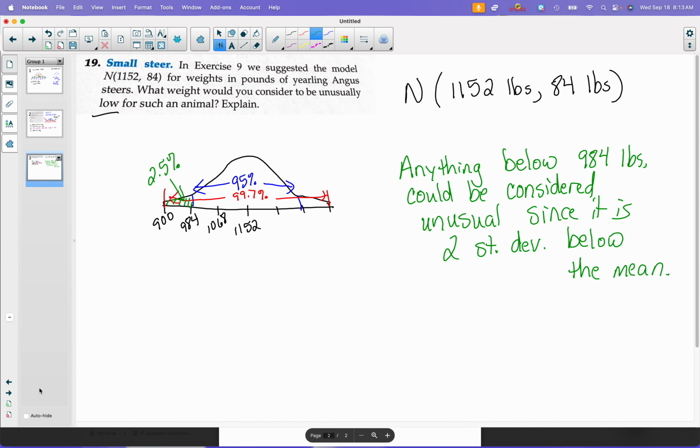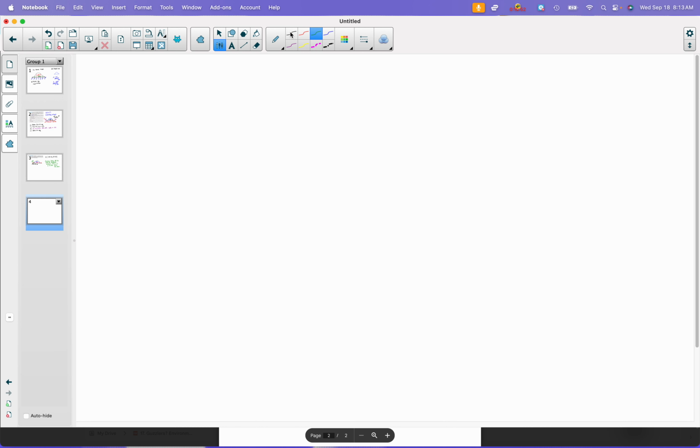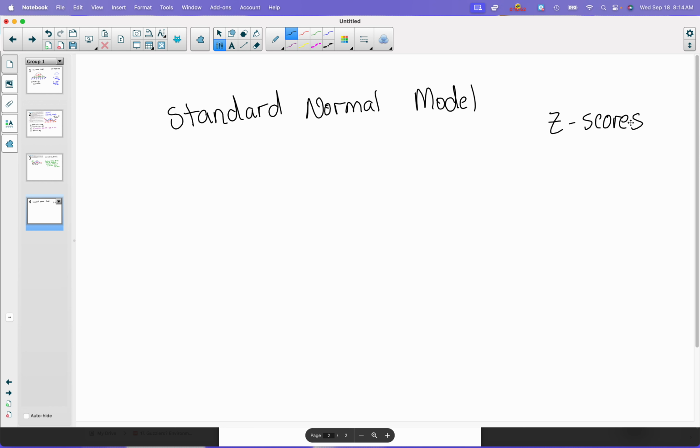So one more thing I want to mention is a standard normal model. Remember when it was convenient to do the standard normal model: every time you change the mean and standard deviation, you have a different normal model. Like the ACT and the SAT, doing a standard normal uses z-scores, and this allows us to compare 2 models when you change them to z-scores.